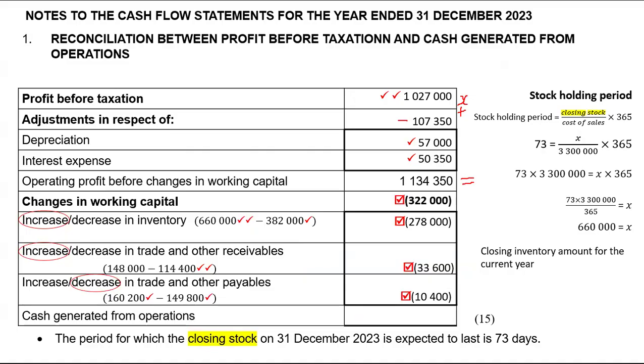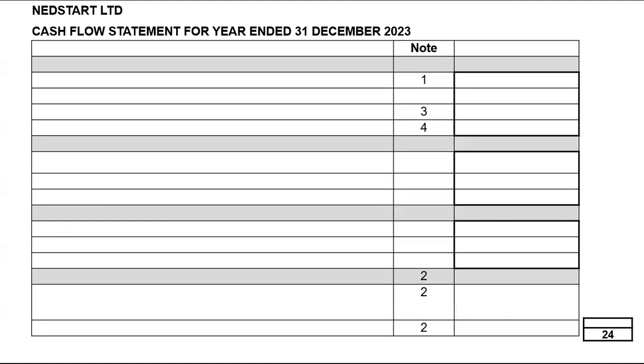Then you're going to take that 1,134,350 minus 322,000. It'll give you cash generated from operations of 812,350. That 812,350, I will put it under operating activities as cash generated from operations. Continuous accuracy, get a mark for that. Awesome, isn't it? I know.